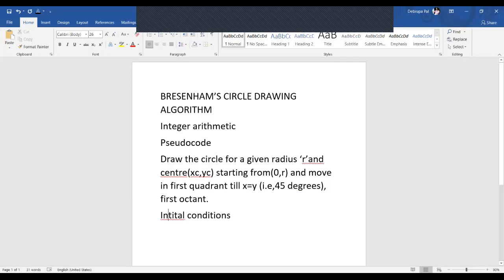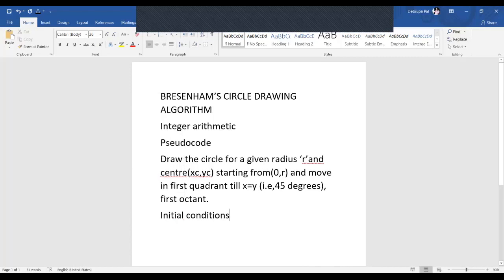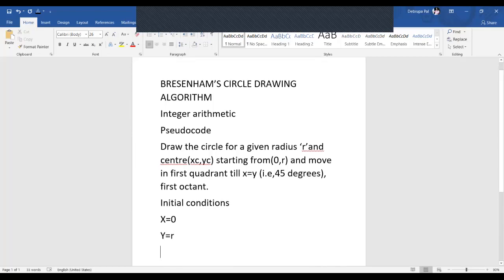The initial condition is x is equal to 0, y is equal to r, that means y is equal to radius, and then d is equal to 3 minus 2 into r.